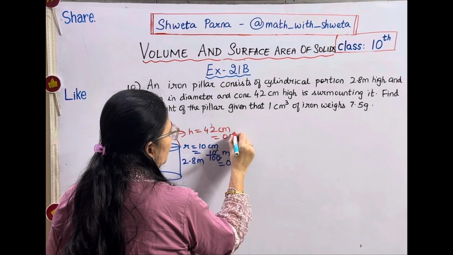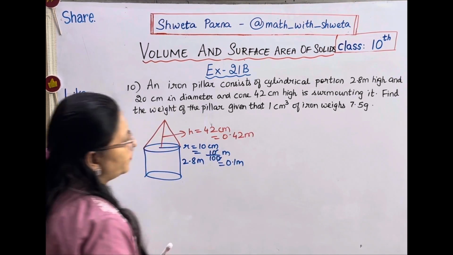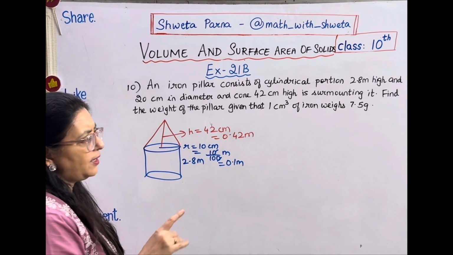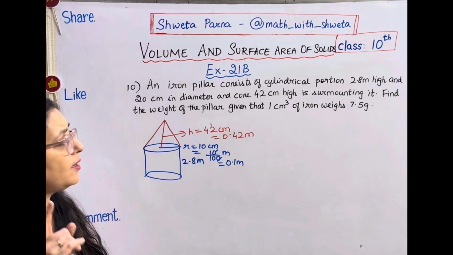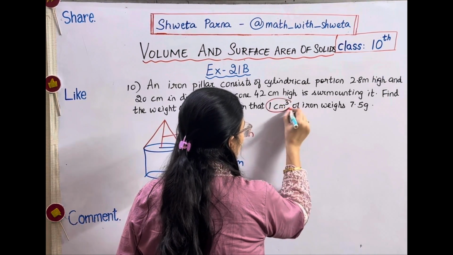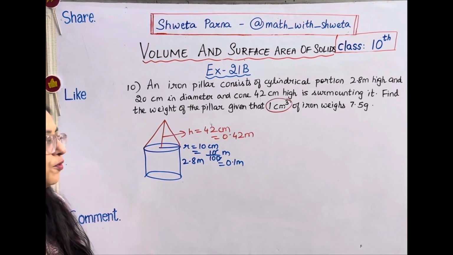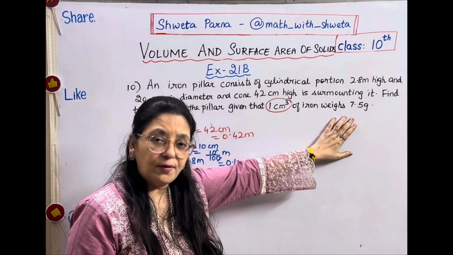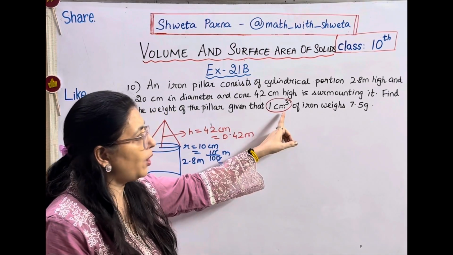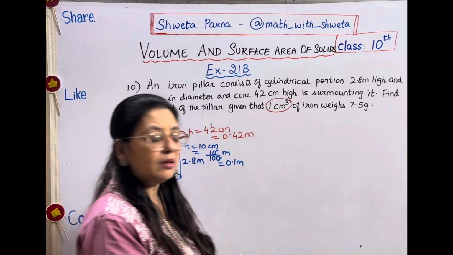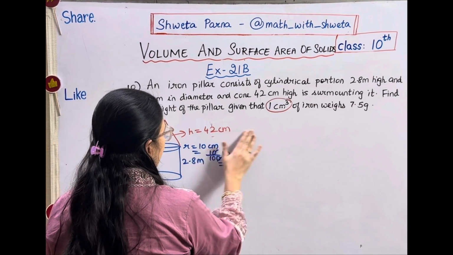This will become 0.42 meter. Find the weight of the pillar given that 1 centimeter cube of iron weighs 7.5 gram. Now children, from this you can understand what you are supposed to find. The weight of 1 centimeter cube is 7.5 grams. So you have to find the answer in centimeter cube. So instead of doing it in meter, we can leave the answer in centimeter.